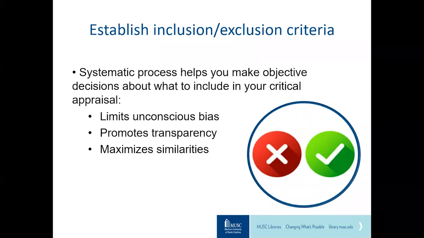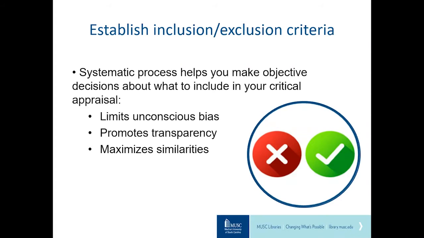Finally, establishing inclusion and exclusion criteria helps maximize similarities between the articles that are in the final collection, which makes it easier to draw conclusions. You can't really determine what inclusion and exclusion criteria should be applied until you see what's in the collection to really determine the best way to apply an additional layer of decision making.